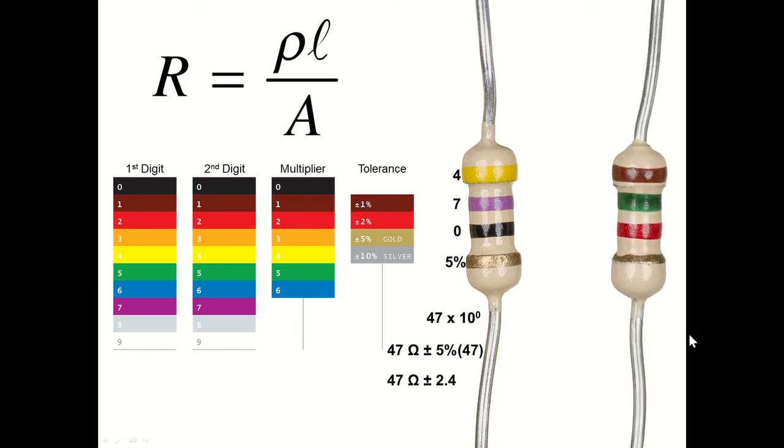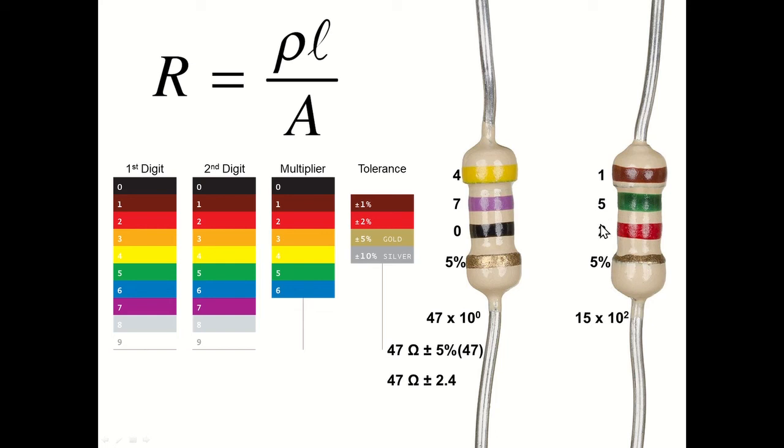We'll practice that one more time here. Again, we see the gold stripe here, so that's the last stripe. The first stripe here is brown, and brown is 1. Green is 5, red is 2. So the first two are digits, that's 15.